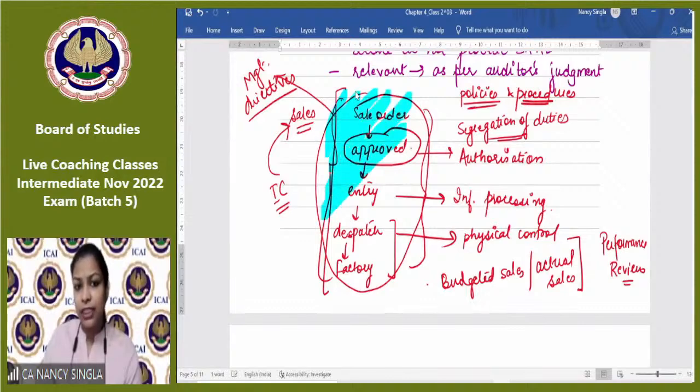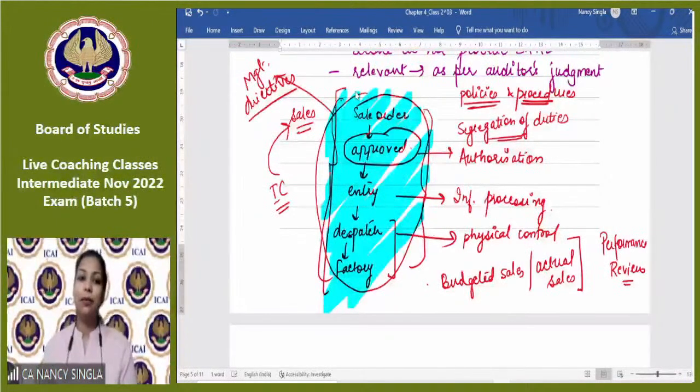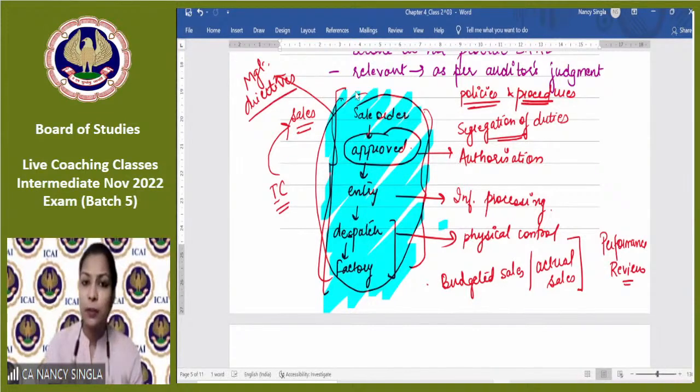These were the management directives, that if any sale is to be made, it needs to follow all this process. The entire process should be like that. That first sales order is there, then the same should be approved, relevant entries should be passed. When the goods are getting dispatched, some entries in their stock register, some entries in the factory gate register, everything is to be made, right?